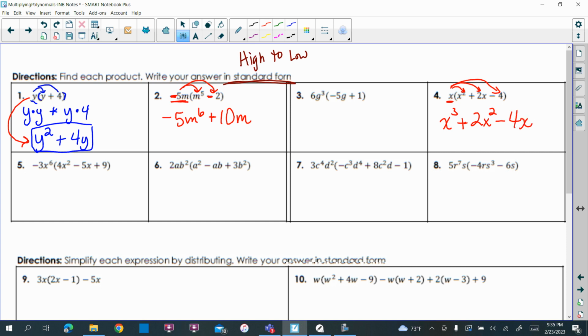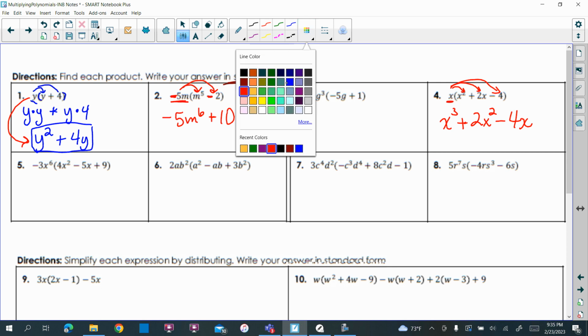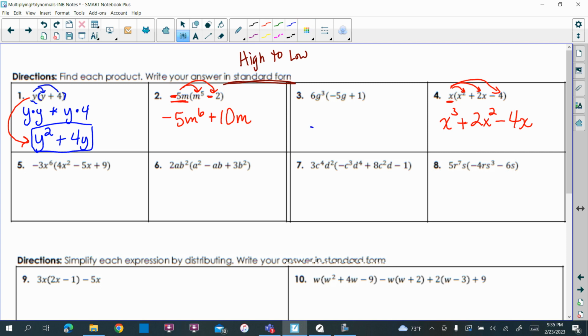Now, if you want to check what you got on number 3, we should end up with a negative 30g to the 4th power plus 6g to the 3rd power.